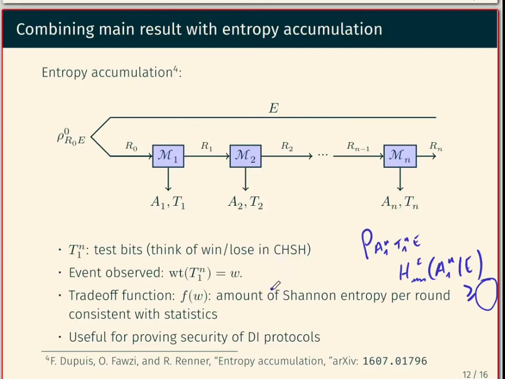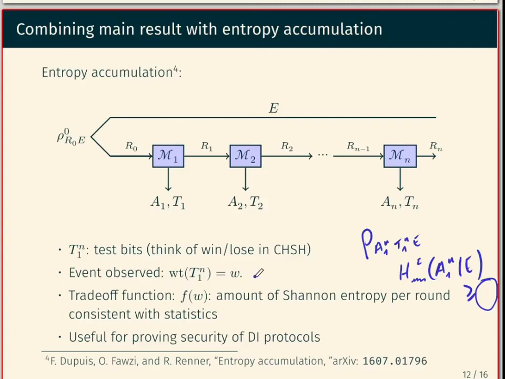And this is very useful for proving security of DI protocols. And like I mentioned, this is the original result, and it looks like this. It's a lower bound on H min epsilon in terms of the trade-off function. And the core of the proof is very similar to what I showed earlier, which means that it goes through the sandwiched Rényi entropy.